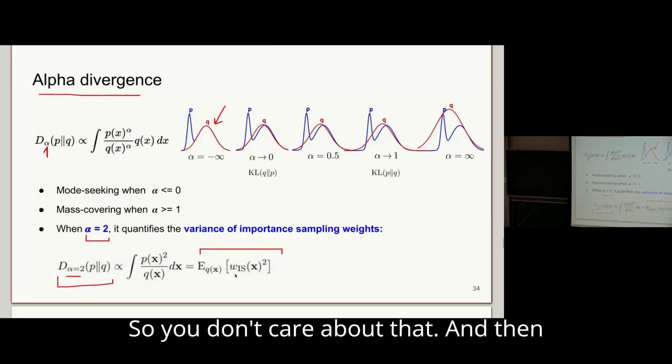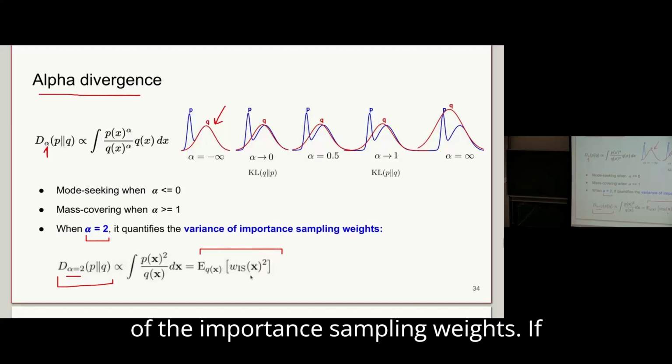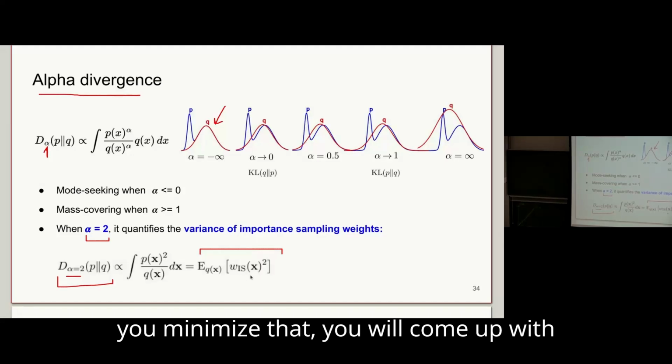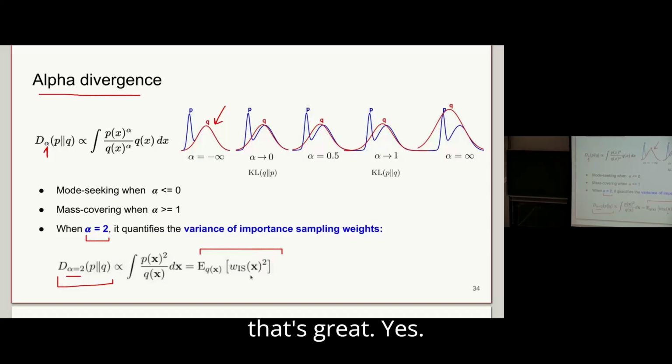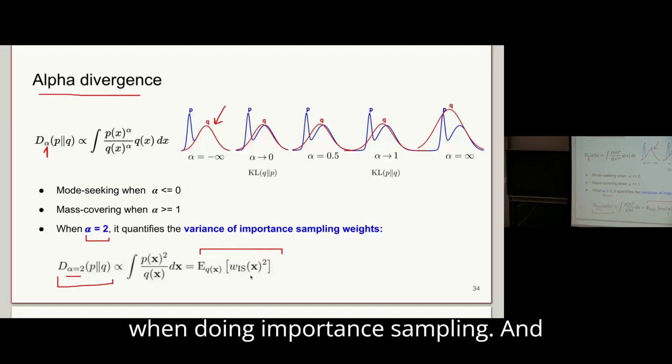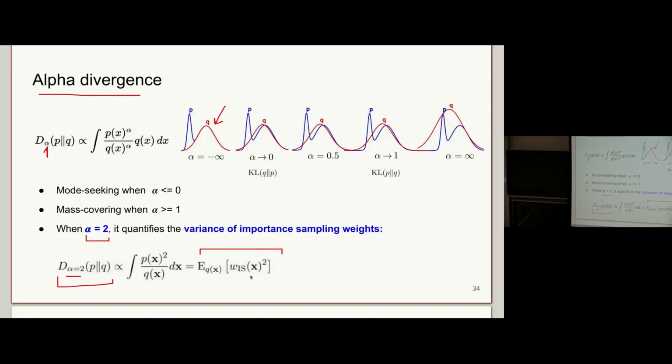So you don't care about that. And then this expected square of the importance sampling weights, if you minimize that, you will come up with a model Q that has minimum variance when you do importance sampling, and that's great. Yes. So we want to minimize variance when doing importance sampling, and minimizing this objective will cover all the modes and will result in a model where you have minimum variance as well when you do importance sampling.